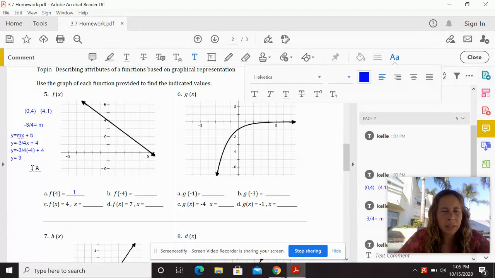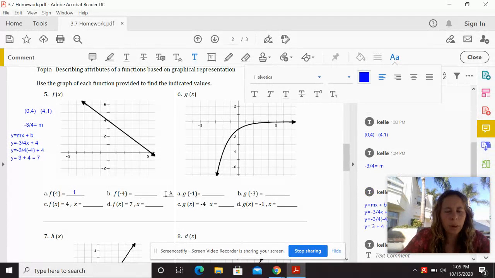A negative times a negative is a positive, so then you have 3 plus 4, which is 7. Bam! More work than I intended that to be, but it's okay.